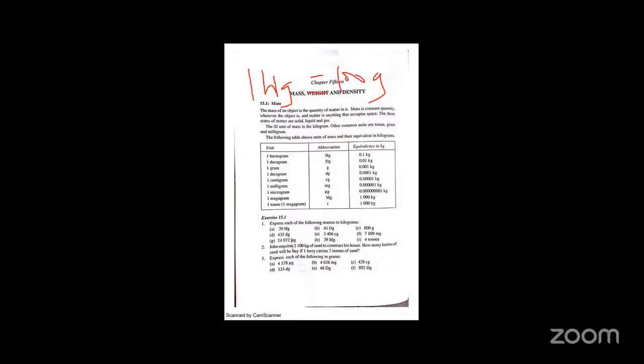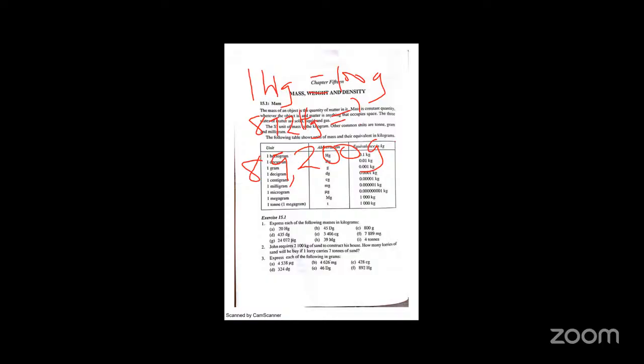How about 892 hectograms? It will be equivalent to how many grams? When you do that conversion, you will have 89,200 grams.